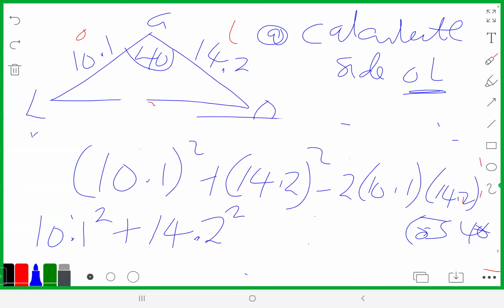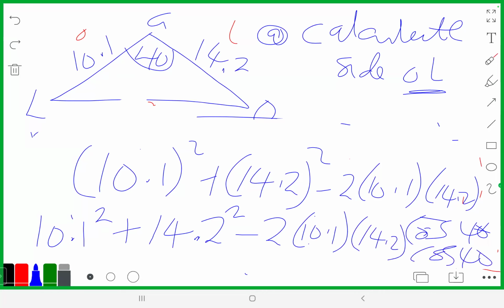Square that minus 2 times 10.1 times 14.2 times cos 40. The calculator should give you the same thing.